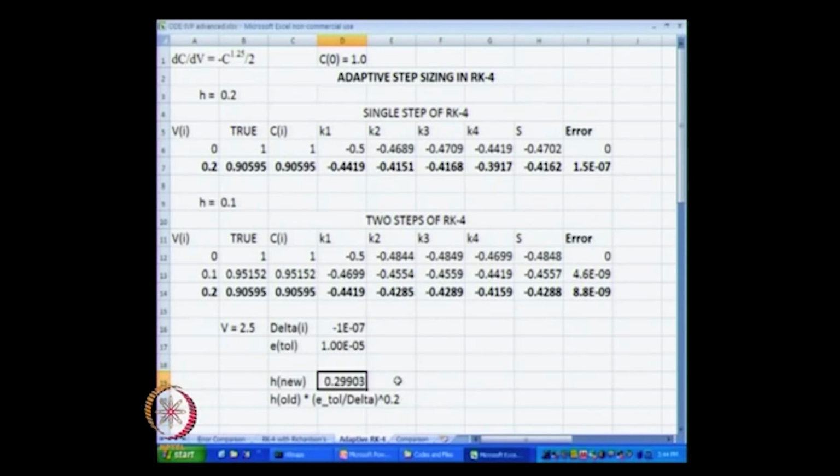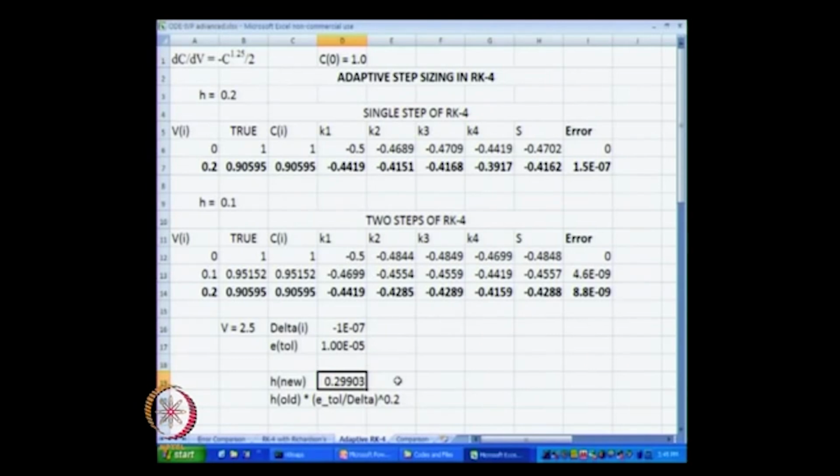There are theoretical reasons as well as practical reasons why these recommendations are given. Of course I won't go into details, because adaptive step sizing is indeed a fairly advanced topic for a typical undergraduate course. Okay. So that is what I had to cover on adaptive step sizing.